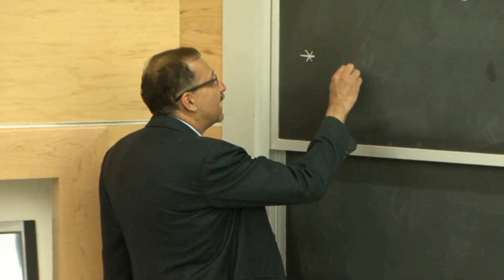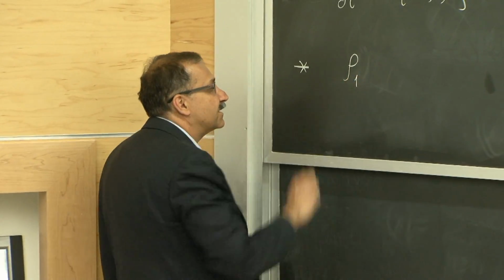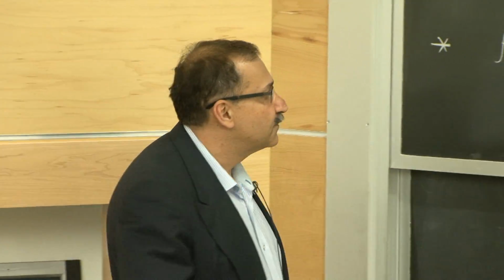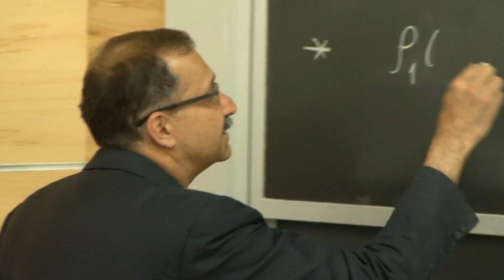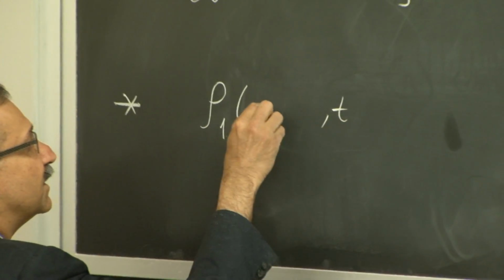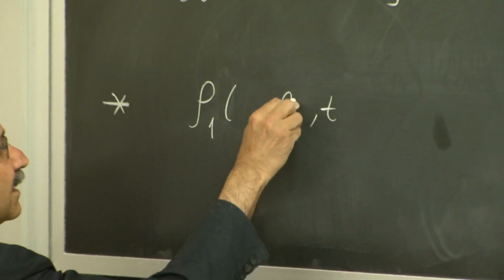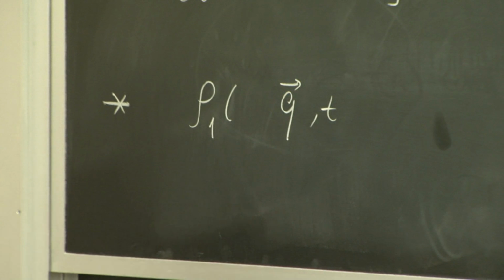So let's just construct some of those things that we may find useful and see how we would describe their evolutions. I mean, the most useful thing indeed is the density. So what I could do is construct a one-particle density. I want to look at some position in space at some time t and ask whether or not there are particles there.